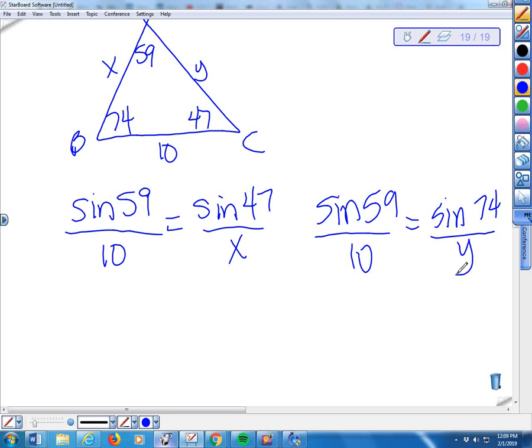And then just solve. 10 sine 47 divided by sine 59. It's 8.5. 10 sine 74 divided by sine 59. 11.2. And it said to round to the nearest integer, so it's just 9 and 11.